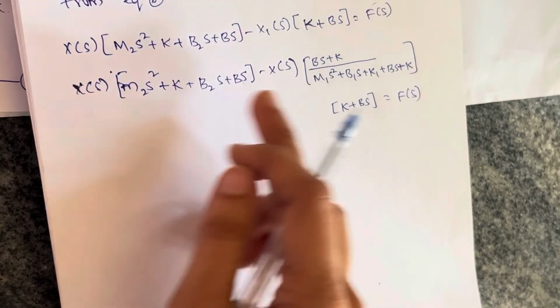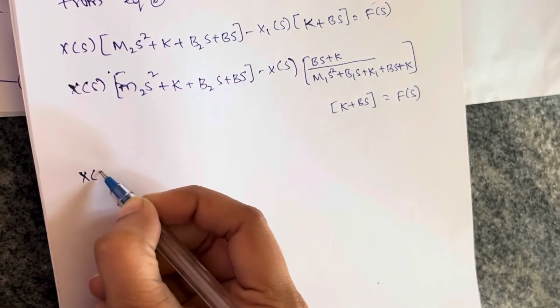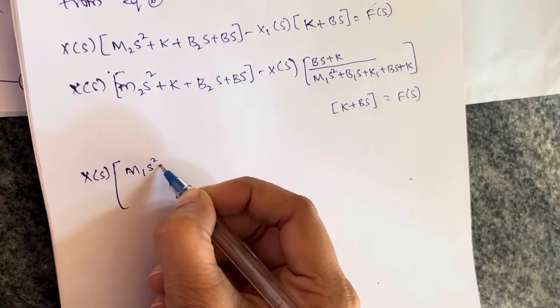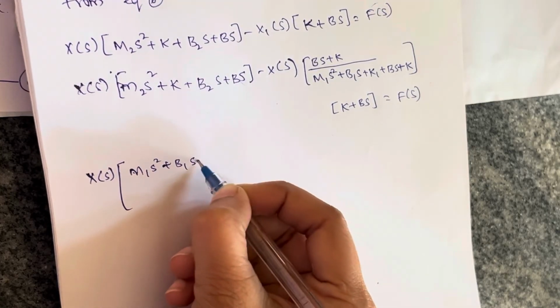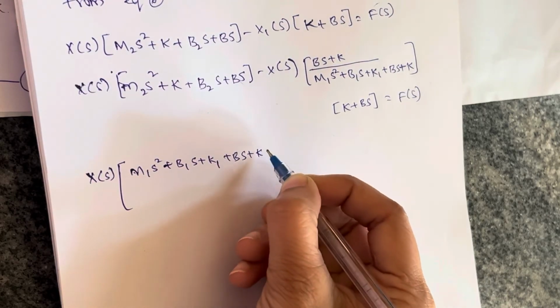Now take x of s common from both the terms. Then we get x of s times m1 s square plus b1s plus k1 plus bs plus k.